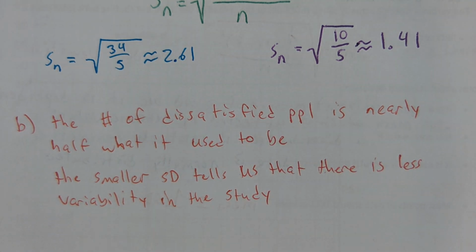So that means the number of dissatisfied people is going to be closer to the mean than it used to be. That's what a smaller standard deviation tells us.